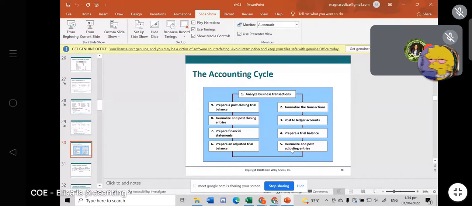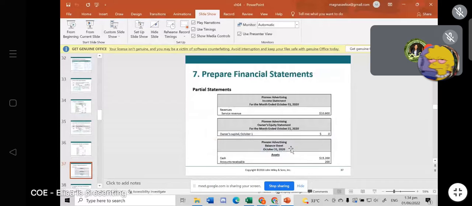So the normal process will go through step 5: we journalize and post adjusting entries, and then prepare the adjusted trial balance, prepare financial statements, journalize and post closing entries, then prepare a post-closing trial balance. So we have completed our accounting cycle.